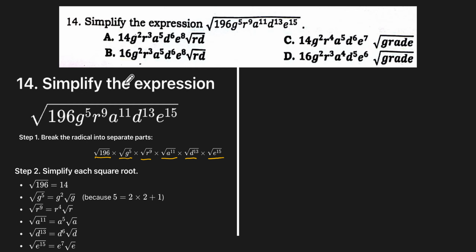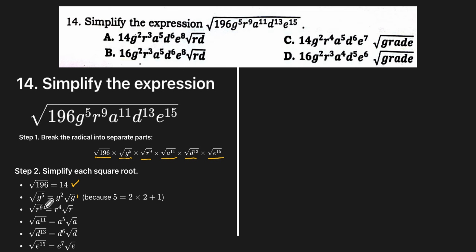So, we simplify each square root. The square root of 196 is 14. Square root of g raised to 5 we can write as g squared square root of g because 5 equals 2 times 2 plus 1. There must be a remainder. So there is 1 here. Just like we did earlier.